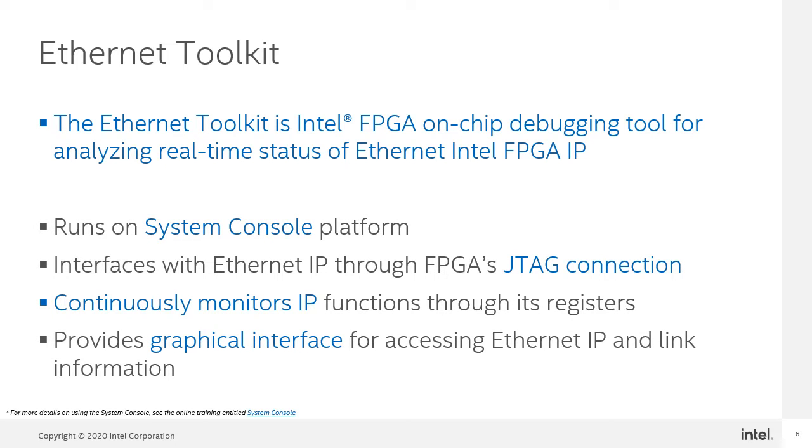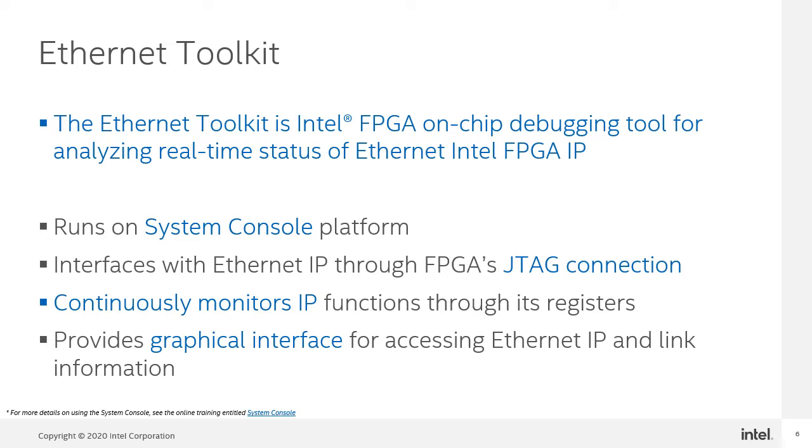The Ethernet Toolkit runs on the Quartus Prime Pro software's system console, so it is built on a proven technology platform. It uses your FPGA's existing JTAG connection to communicate with the IP core, so no additional I/O or board components are needed.